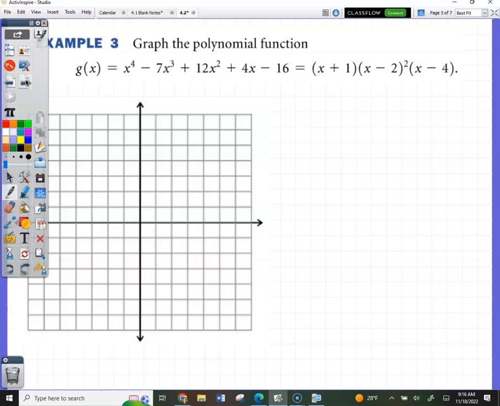So this is what's called the standard form, which is nice for when we're finding which intercept? The y. And then this is what's called factored form, which is really nice and helpful to see the exact zeros.